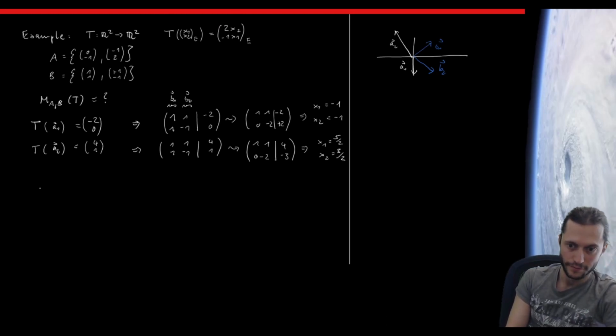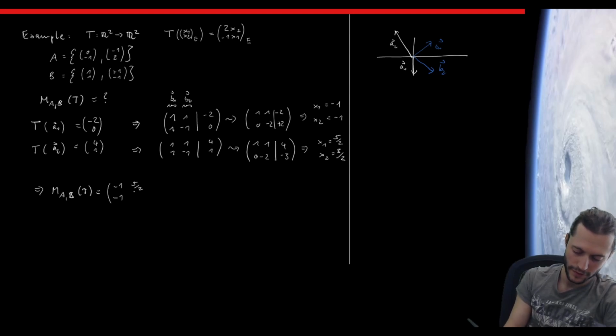So together, from that follows that M_AB of T is just these guys in columns. That was the first one. That was the second one.